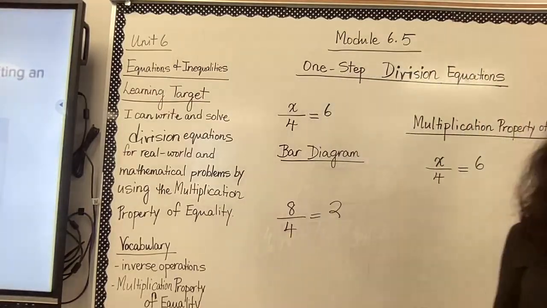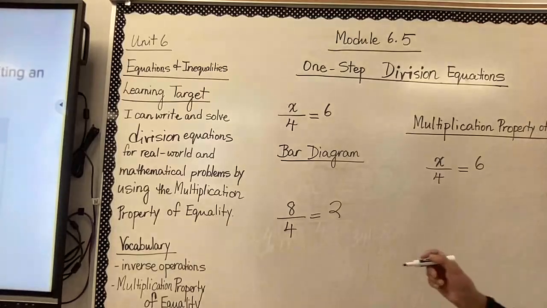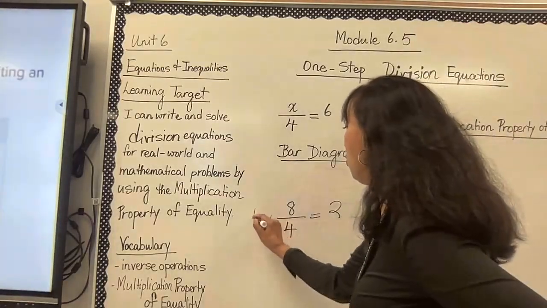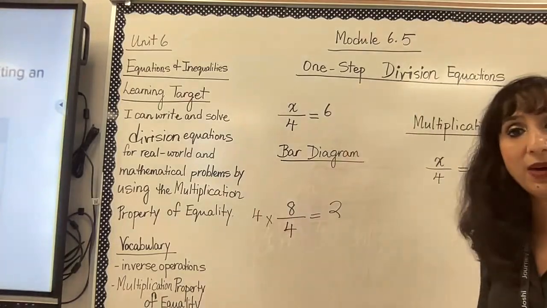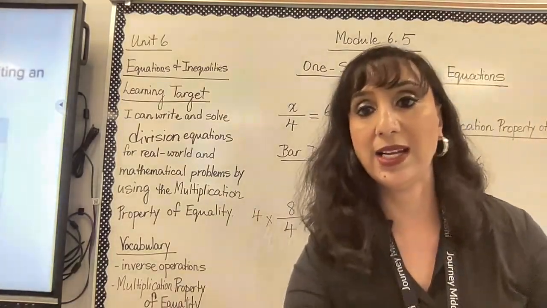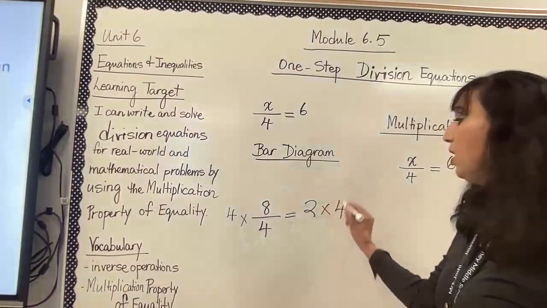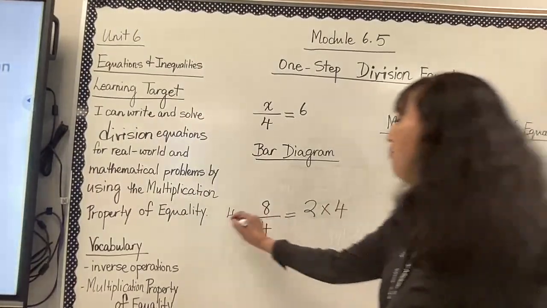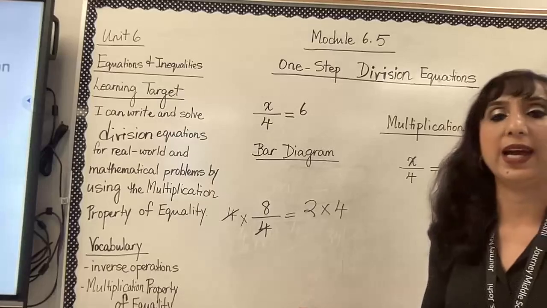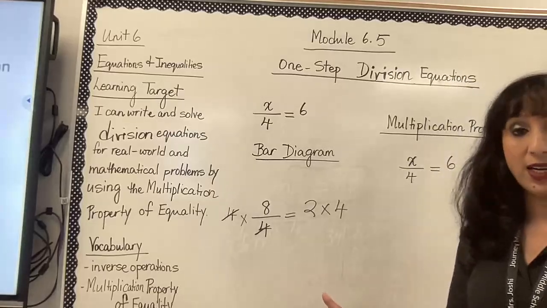So if I look at this and if I do times 4 on one side of the equation, I've got to do exactly the same thing on the other side of the equation. So times 4. And then if I have 4 divided by 4, what do I get? I get 1, right?